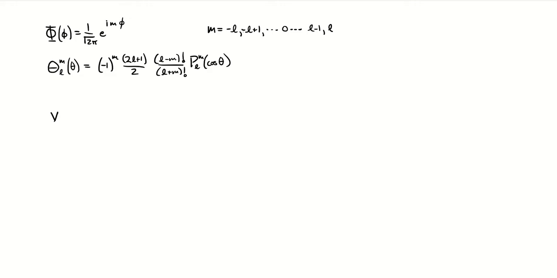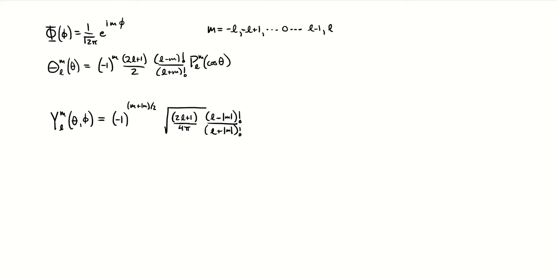And putting them all back together into our angular portion of our wave function, we can write it this way: (-1) to the m plus the absolute value of m over 2, times the square root of (2l plus 1) over 4 pi, times (l minus the absolute value of m) over (l plus the absolute value of m), both factorial, all square rooted, times those associated Legendre polynomials, times e to the i m phi, right?